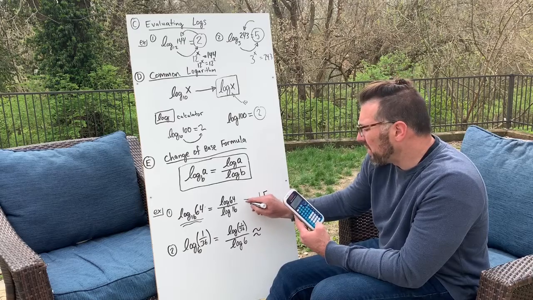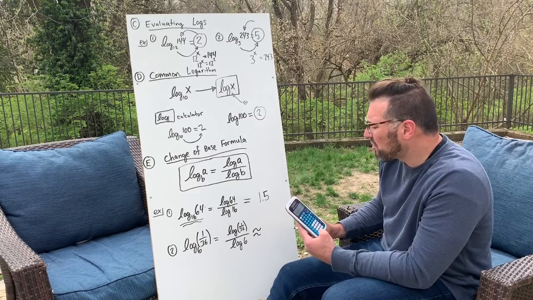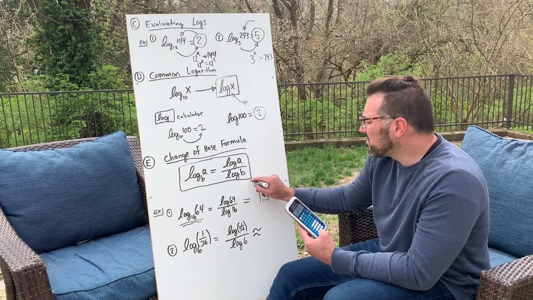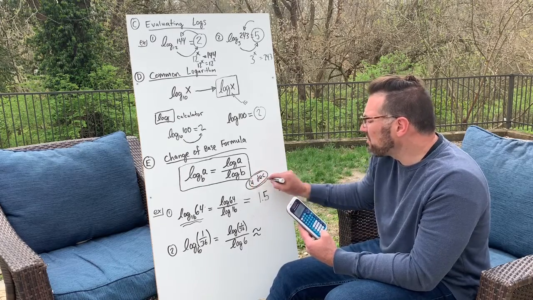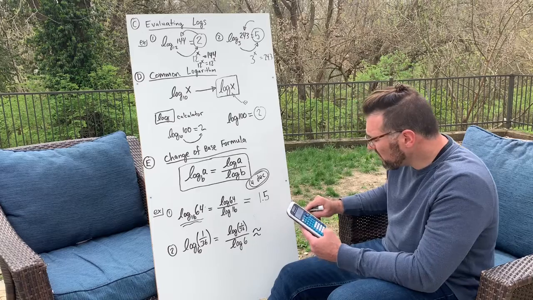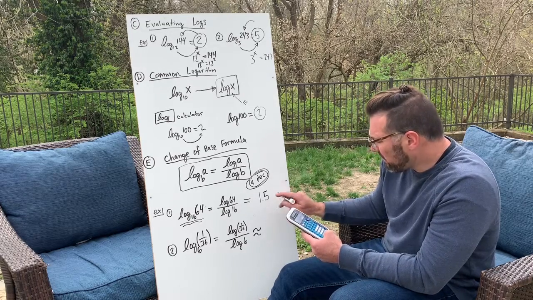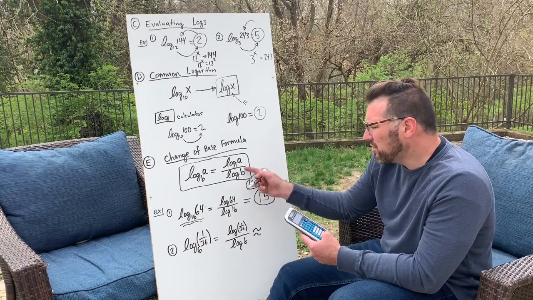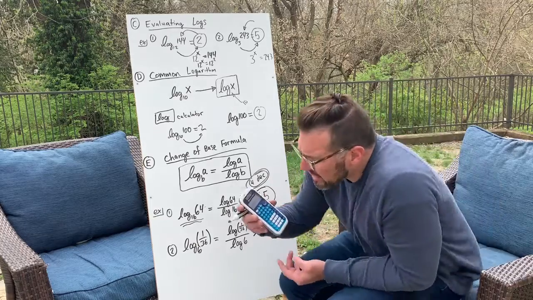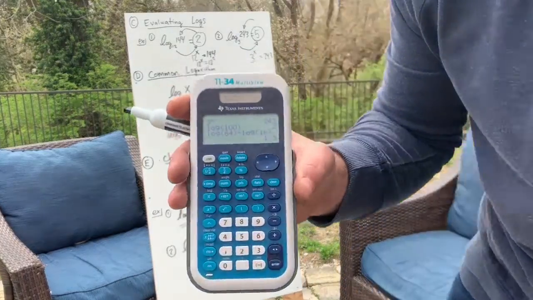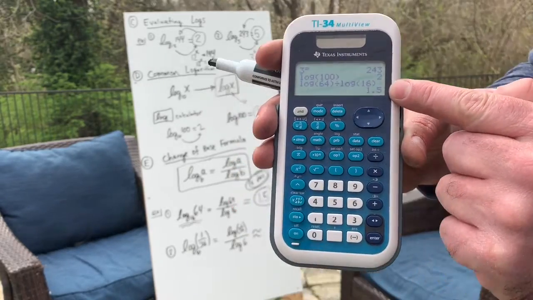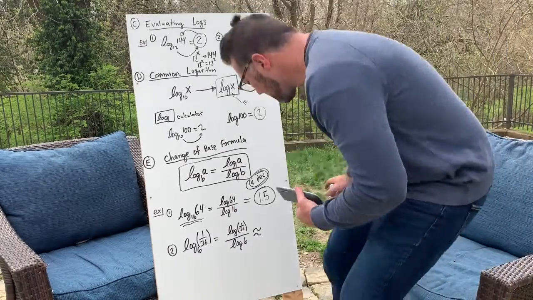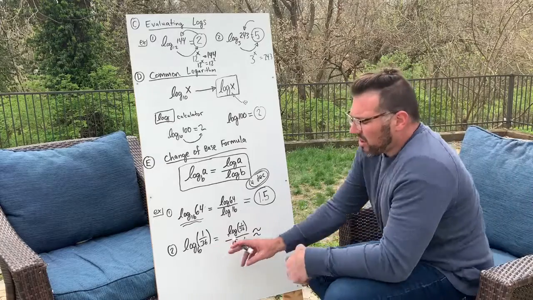A lot of times you'll have to round these. If that's the case, you can round to 4 decimal places if you have to round, okay? So the answer to this is 1.5. I used the change of base formula, and here it is in my calculator. I went ahead and typed in the log of 64 divided by log of 16, and my calculator gave me the answer. What about this log here?